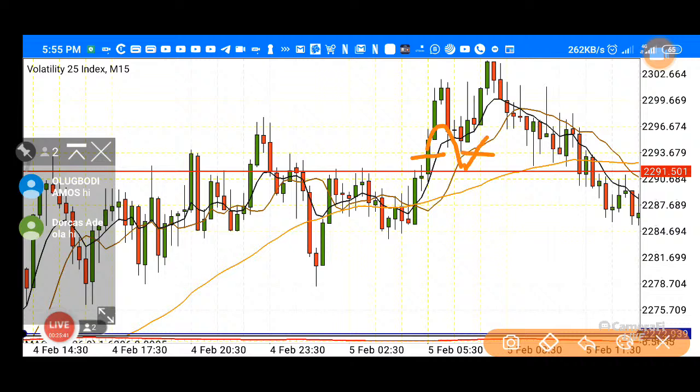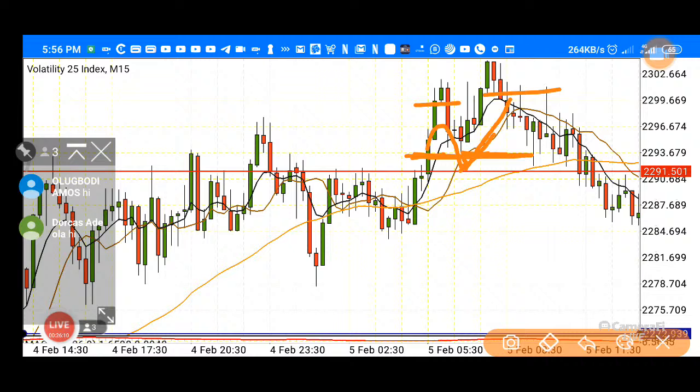So you can see that they are still on the same entry level. The difference now is just that the aggressive trader would have exited here, and if it comes back again to bounce, then he can enter here again and pack another one.